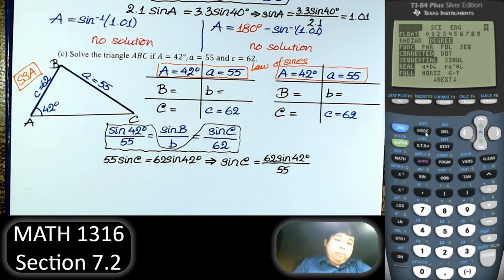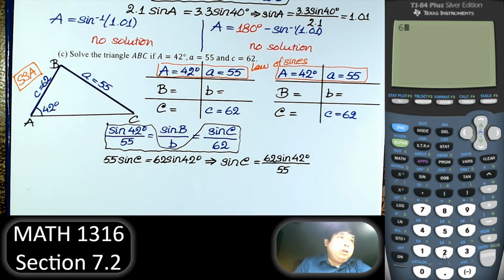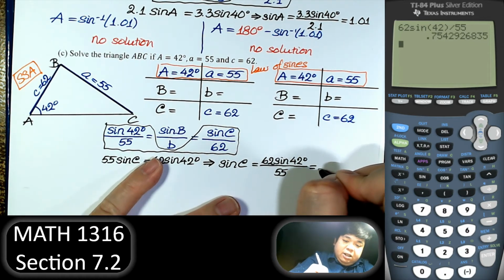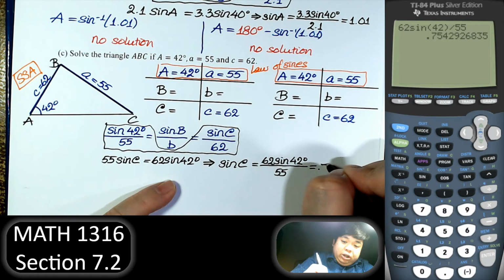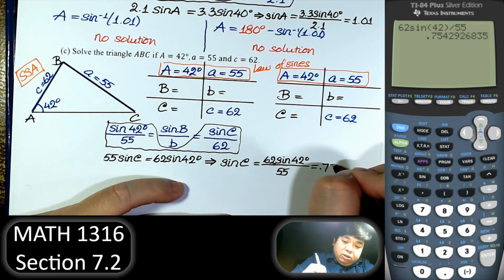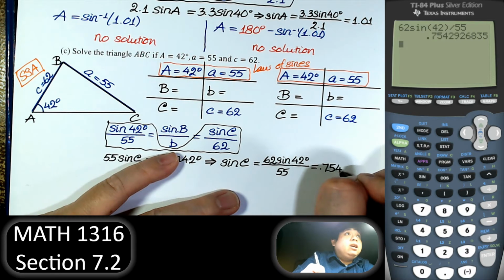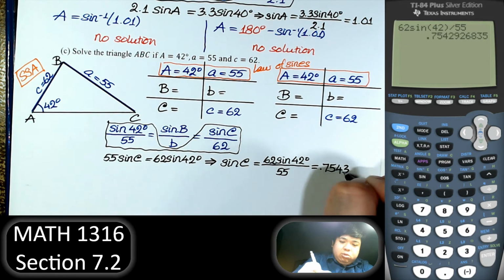Degree mode, yep. 62 sine of 42 degrees divided by 55 gives 0.754. But just write that because when we do the calculation, let's use the whole number. Don't just round off and then write 4 decimal places here.